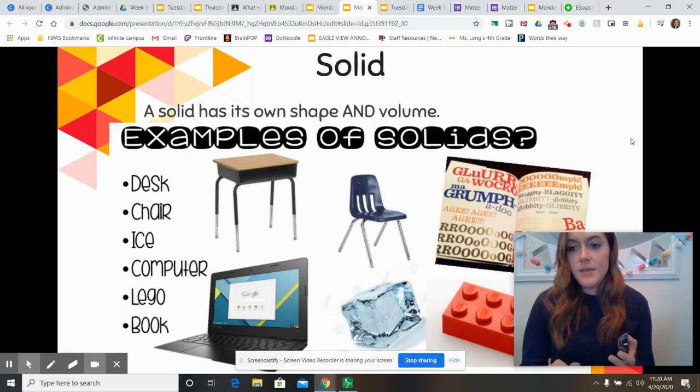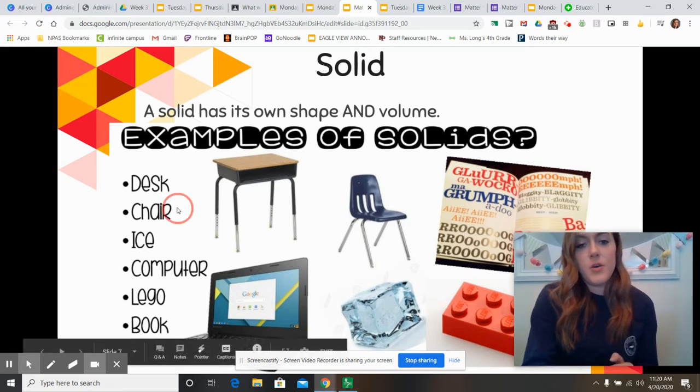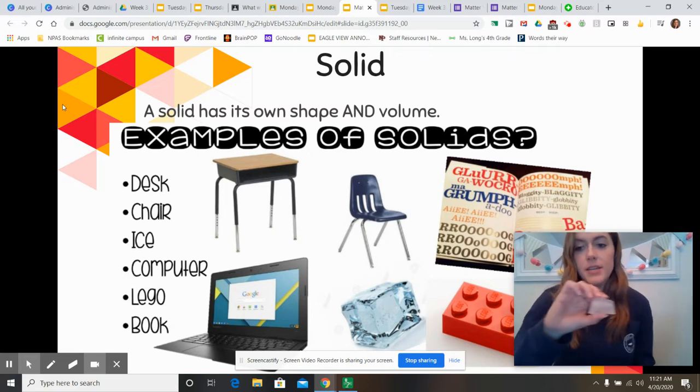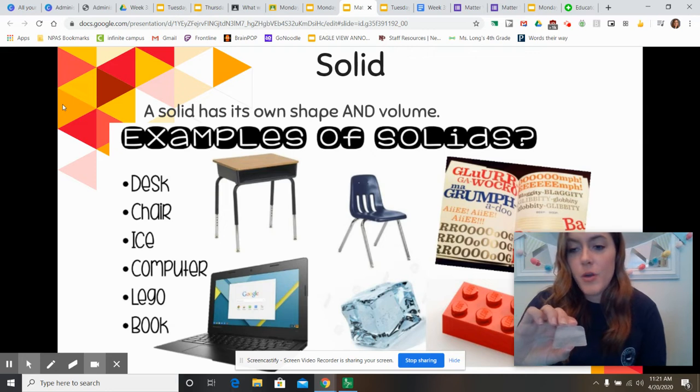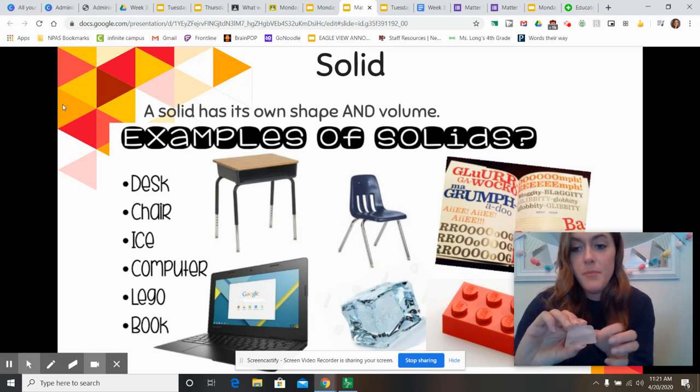Okay, so there's a bunch of examples here that I have for you. As I am writing, feel free to even write some examples down. I do want to show you a visual. So I grabbed an ice cube that I froze with water. My ice cube is a solid. It is a solid shape.